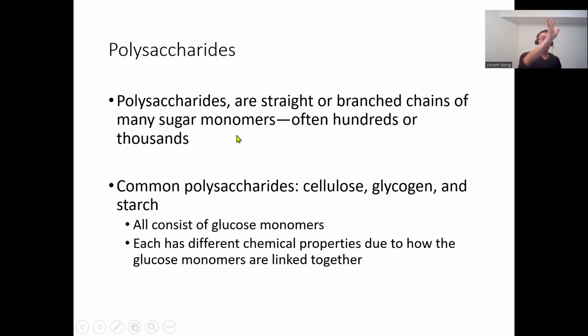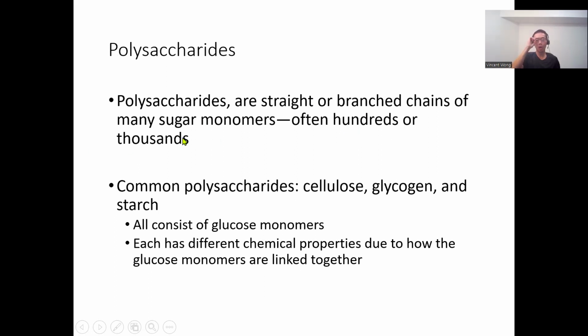So we started with monosaccharides. We can connect them together to make disaccharides. We connect them by removing a water molecule, right? And then the next step up is we add more and more to it, and ultimately we get polysaccharides. These are very long, sometimes branched chains of sugars, hundreds or thousands of units long.